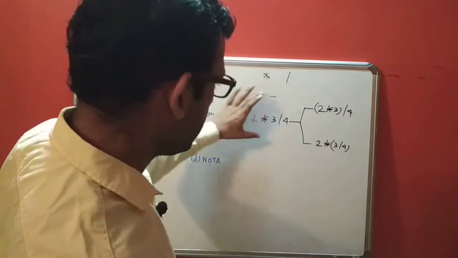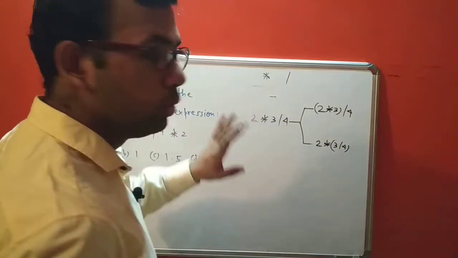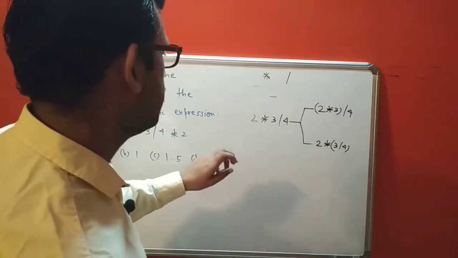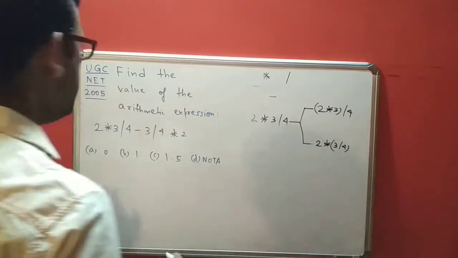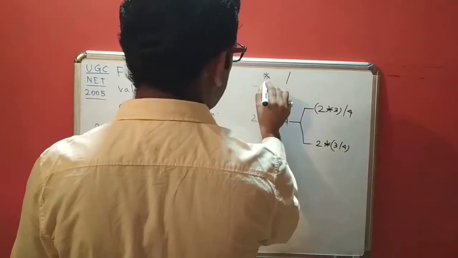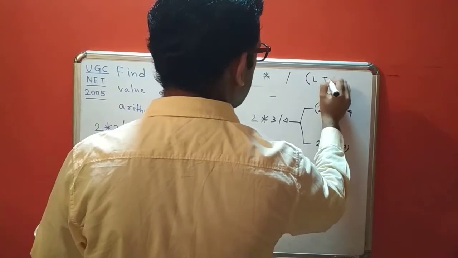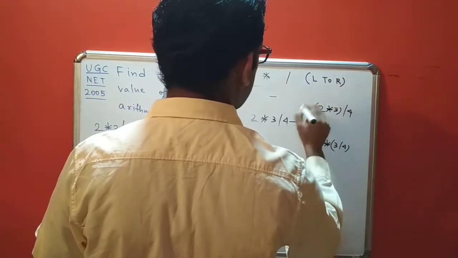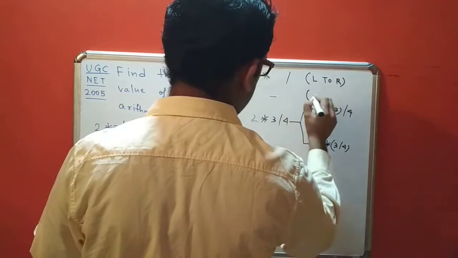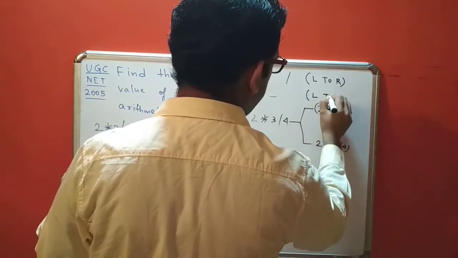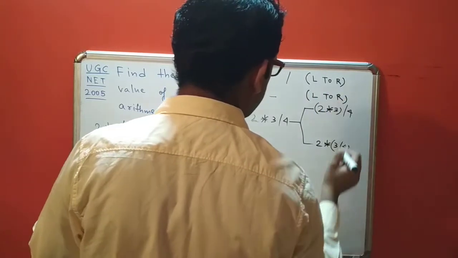In order to resolve this ambiguity, the rules of associativity come to great help. We know that both multiplication and division are left to right associative, and the same with subtraction, that is left to right associative.